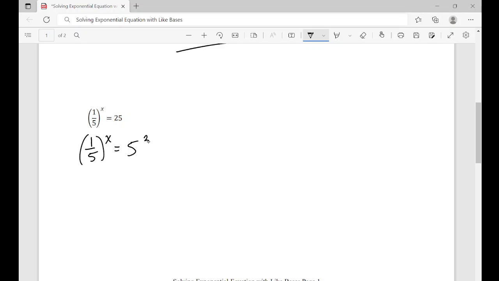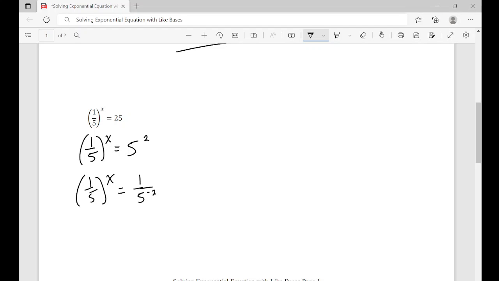Nothing too difficult about that, but I still need to make it look like a 1/5. So I can use my rules of exponents and move this 5 into the denominator, and it will become 1/5 to the -2.